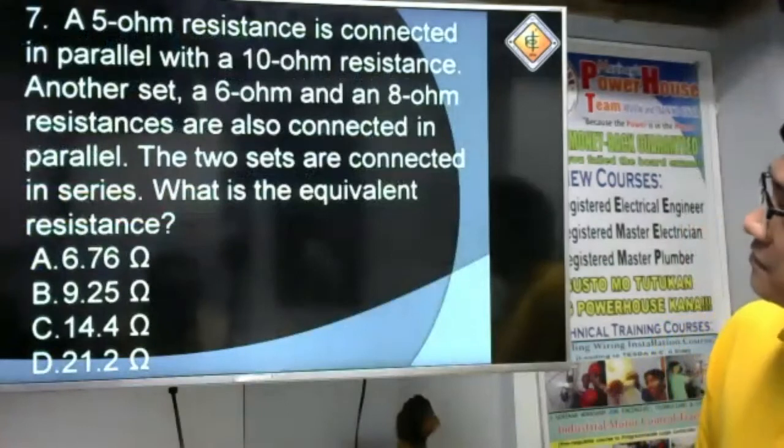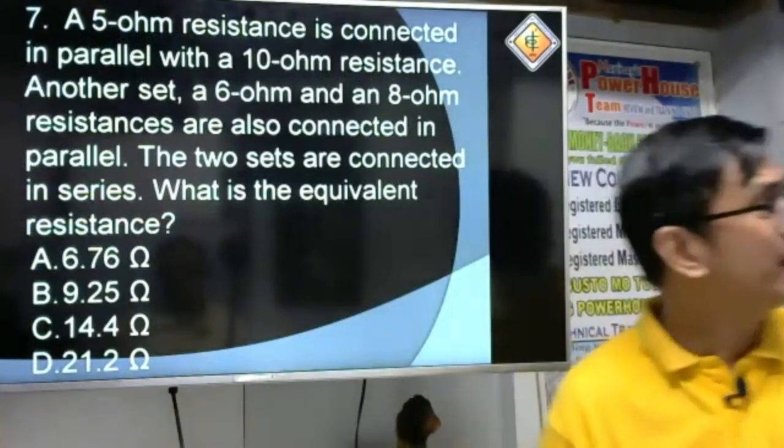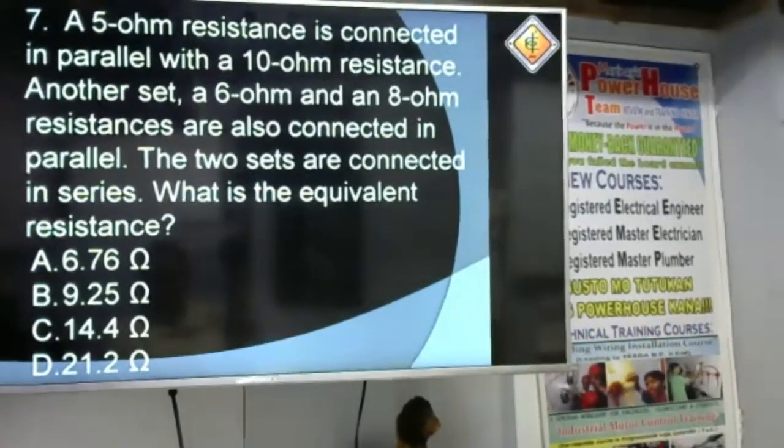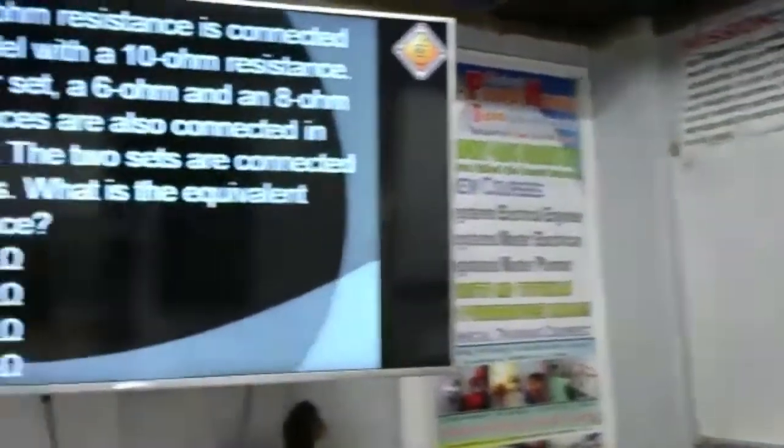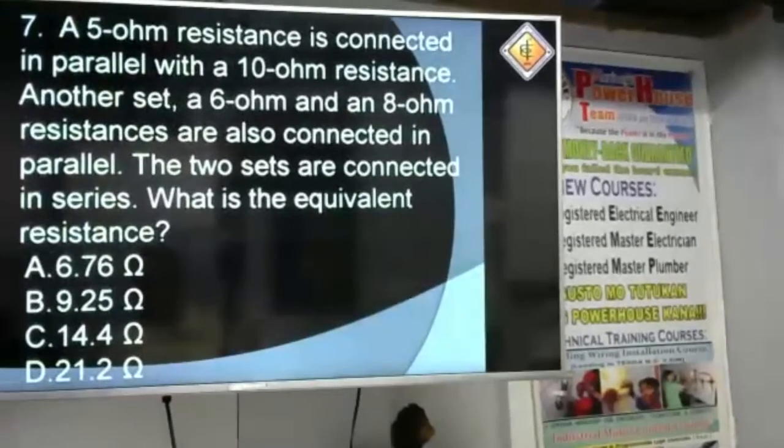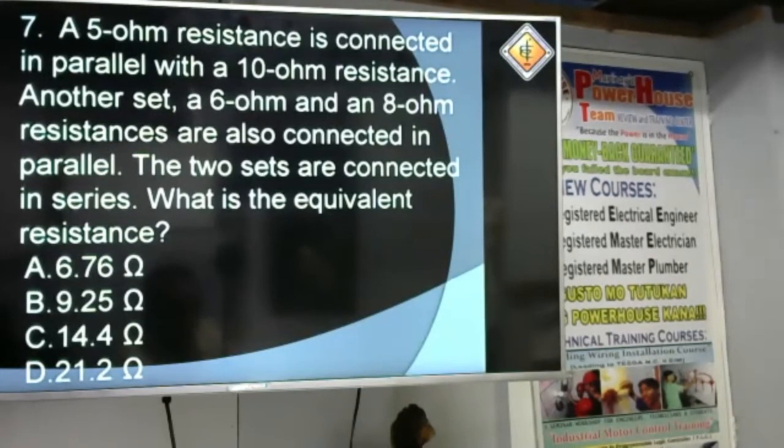Next problem. Okay, for problem number 7. A 5 ohm resistance is connected in parallel with a 10 ohm resistance.